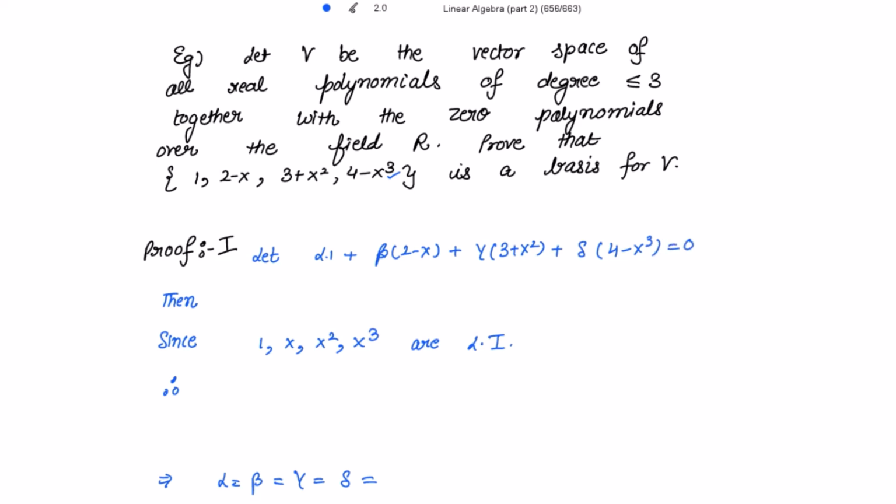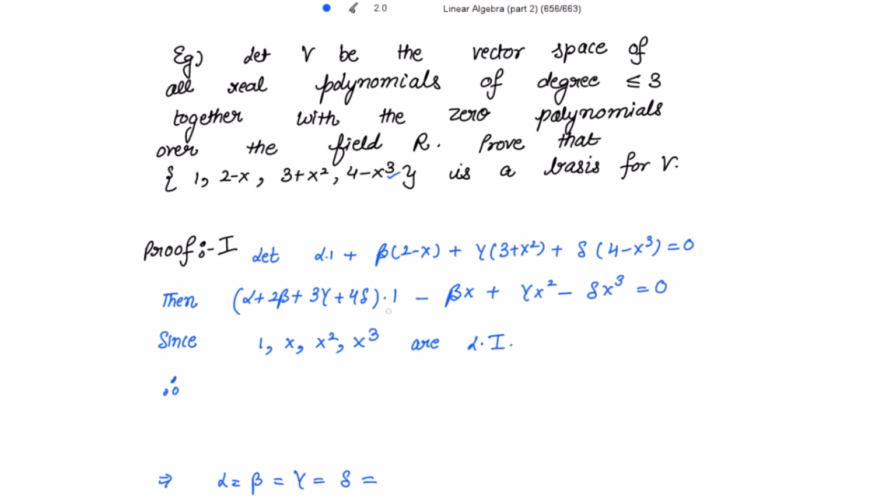To prove the given polynomials to be linearly independent, we always take the linear combination to be equal to 0. Alright, so then if I add these, I will get alpha plus 2 beta plus 3 gamma plus 4 delta, dot 1, minus beta x plus gamma x square minus delta x cube equal to 0.